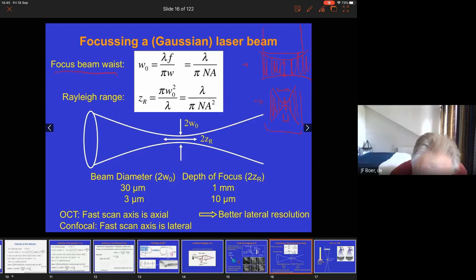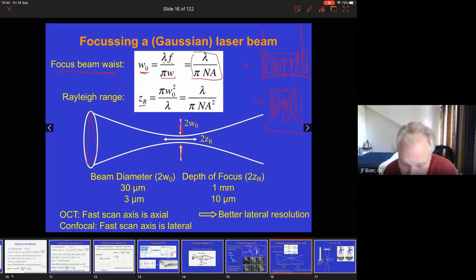The beam waist is this width of the beam, and the radius W0 is given by the wavelength multiplied by the focal length of the lens, divided by pi times W, where W is the beam at the lens. And you can rewrite that in terms of numerical aperture. The ZR is called the Rayleigh range.